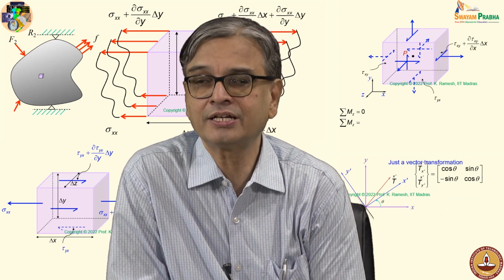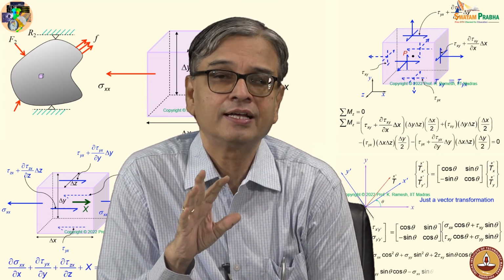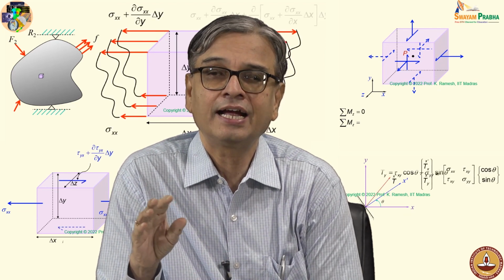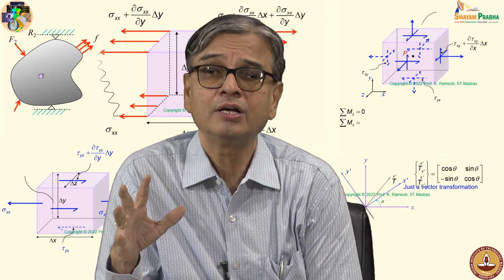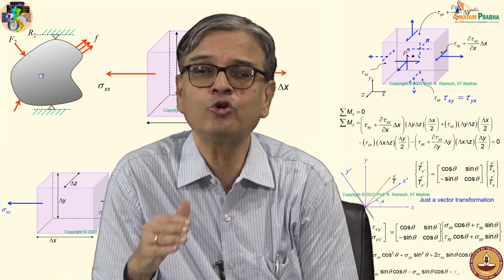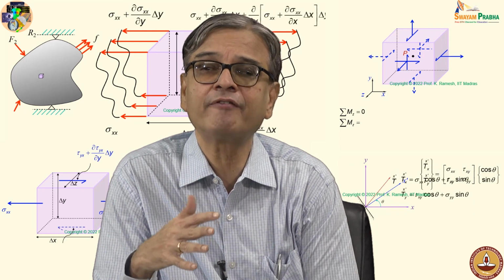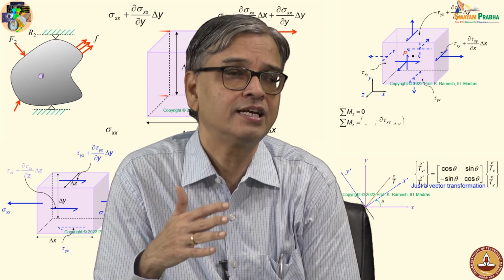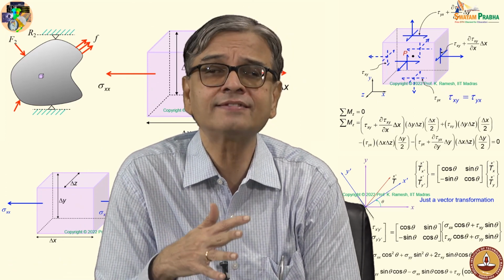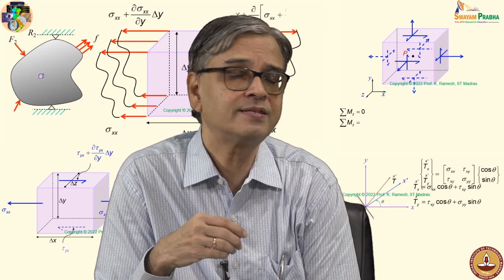So in this lecture, we have looked at, from our understanding of equilibrium conditions for a particle, collection of particles, rigid body, and articulated rigid bodies, to deformable solids. And in the deformable solids, we got the force equilibrium as differential equations. And the moment equilibrium gave a very important result. It said tau xy equal to tau yx. We also said that it is known as equality of cross shears, which we use repeatedly in our simplifications.